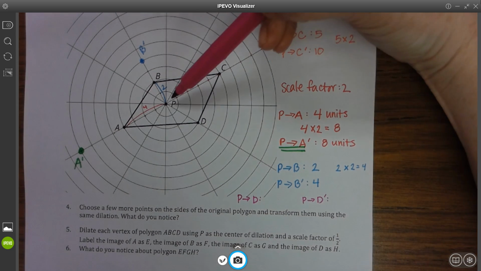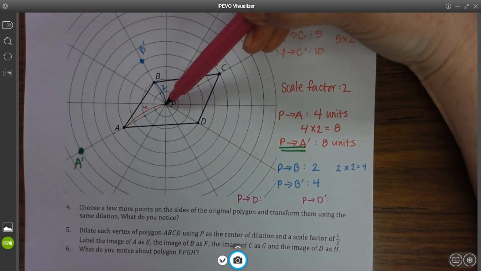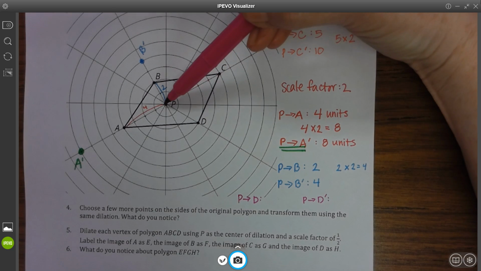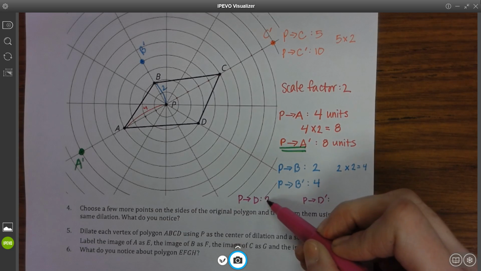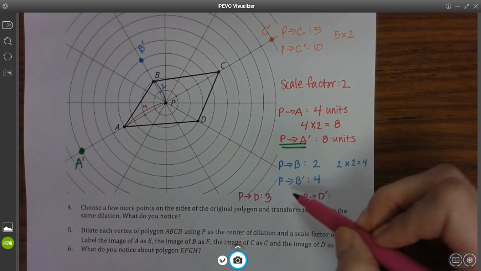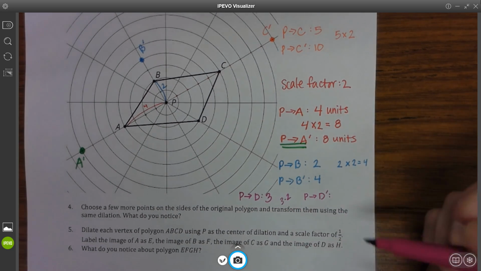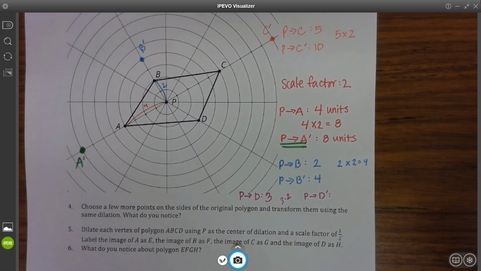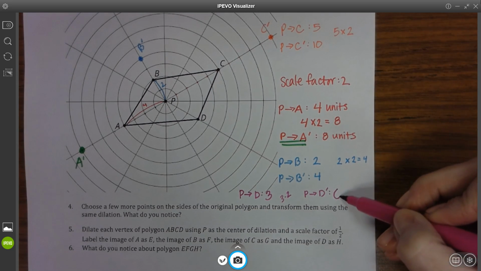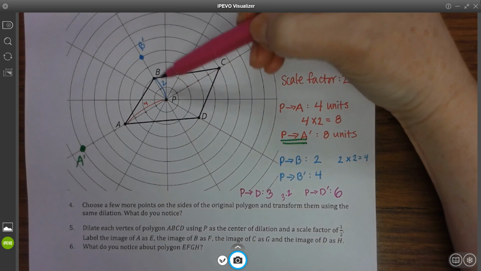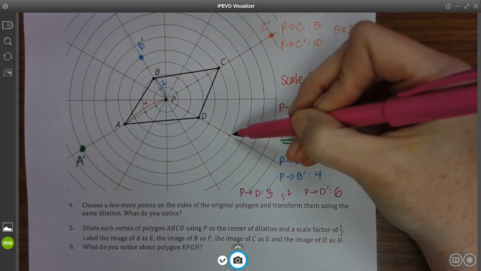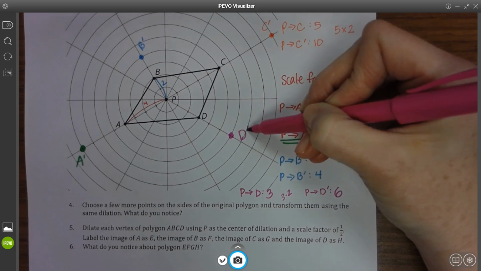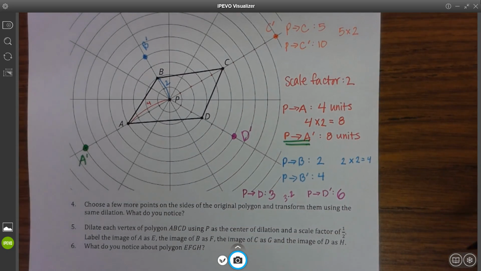Okay, well, hopefully, if you're not done, hit pause so you can finish on your own. But from P to D is 1, 2, 3 units. 3 times 2, because my scale factor is 2, is going to give me 6. So from P, I'm going to go 1, 2, 3, 4, 5, 6. And there's D prime.